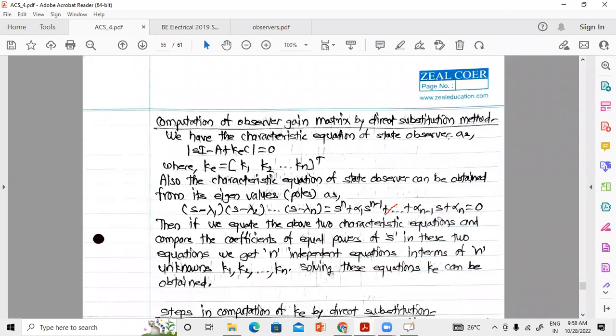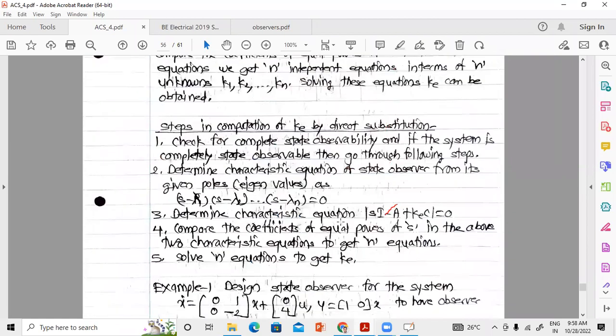So we have a characteristic equation like this: |sI - A + KeC|, and Ke is taken as K1, K2, up to Kn. Also, the characteristic equation for the observer can be obtained from the desired eigenvalues. So first of all, check whether the system is observable or not. If it is observable, then go ahead.